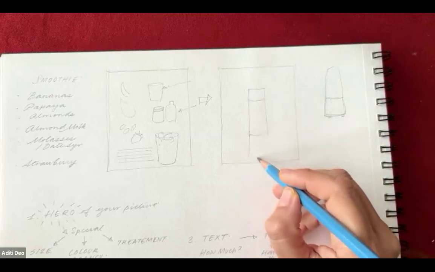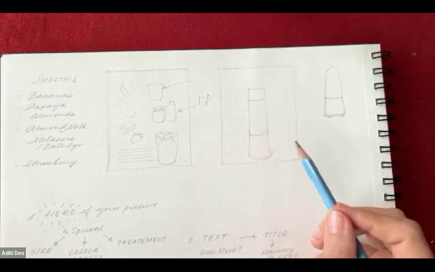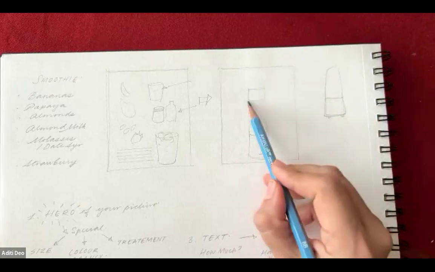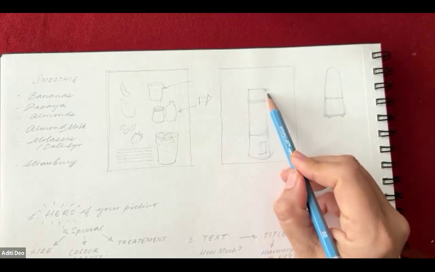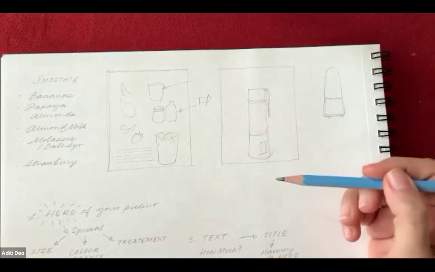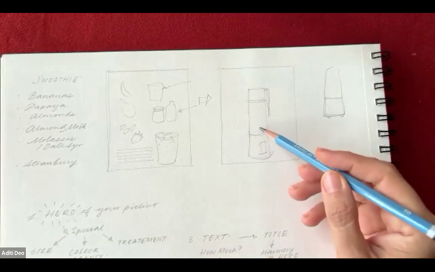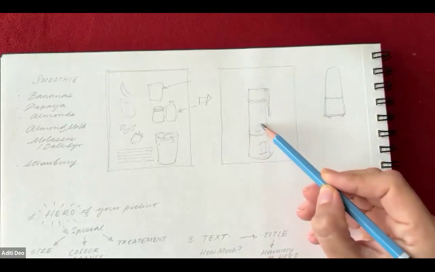I think it's a cold press juicer. That's what it says here. And I think it's got a little toggle here also, so you can just carry it around. It might even be charged so that you can make the smoothie whenever you want it.